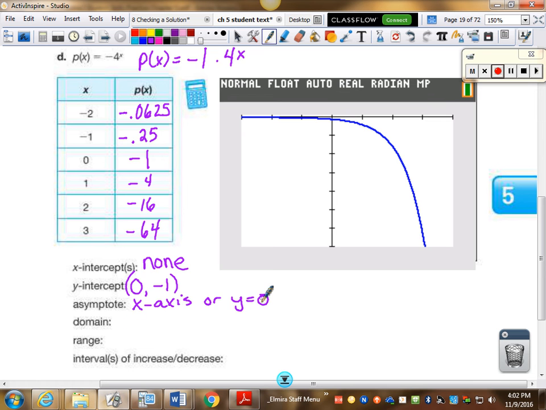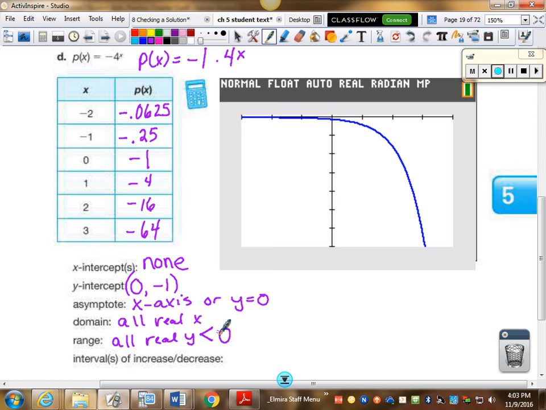Domain, it's still all real x. It is all real x for every problem in exponentials. There's no limitations on exponentials for your x values. However, your range, these are all negative numbers. So my range is all real y less than 0.